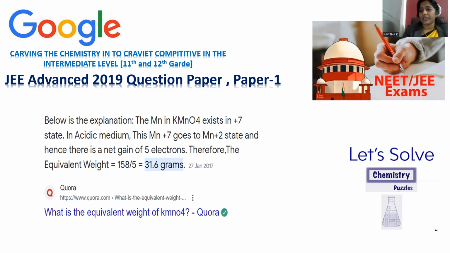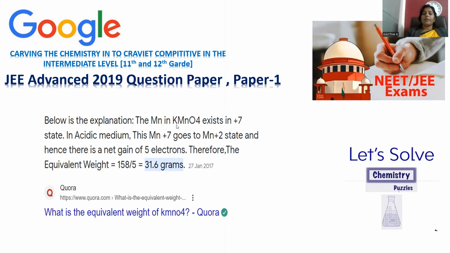This is the kind of reaction where oxidation reduction is carried out. In oxidation reduction, what do we have to observe? Electrons traveled, electrons shifted, electrons transferred, we have to notice. +7 to +2, the shifting of electrons is 5. So 5 is the valency of this KMnO4.